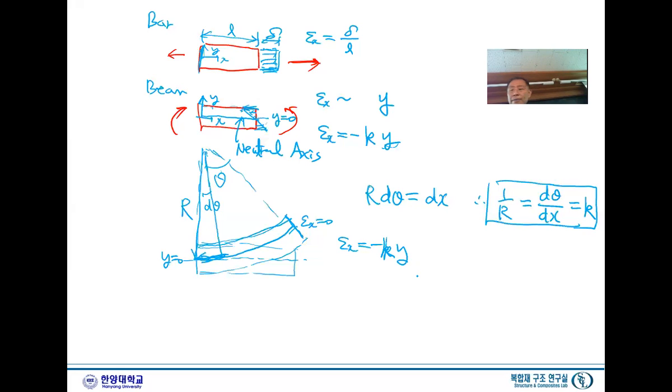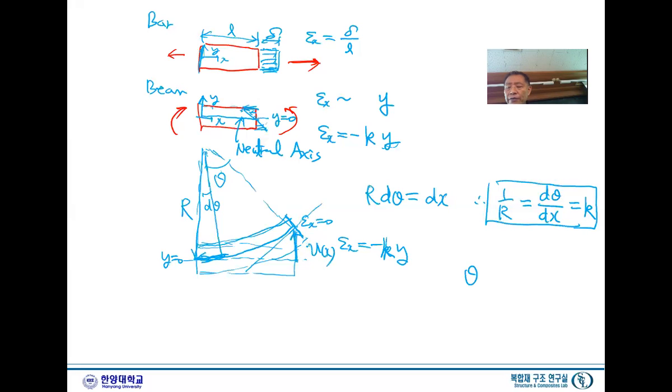There's one more step. One more thing is, what is theta? Theta is this one. If we have a tangent, what we'd like to find is the deflection, right? This is basically what we'd like to find, deflection as a function of x.